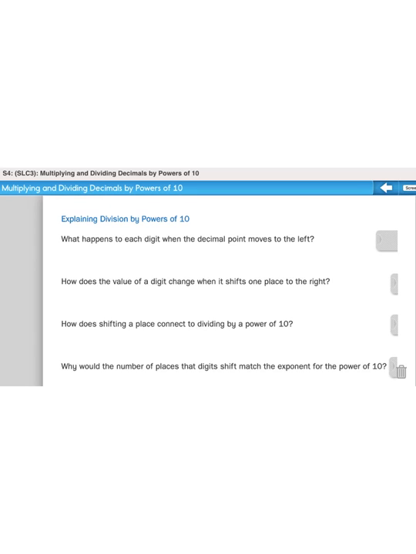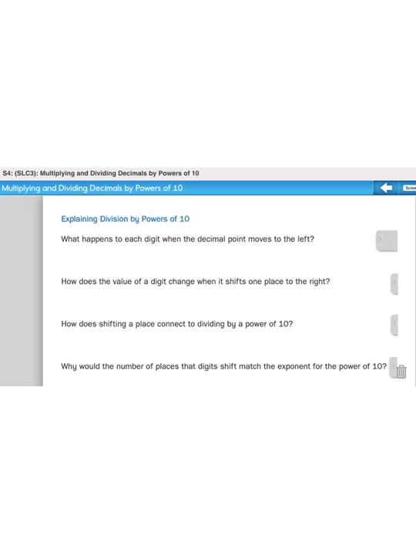Now, looking at division, what happens to each digit when the decimal point moves to the left? Each digit shifts to the right. How does the value of a digit change when it shifts one place to the right? The digit is now worth 1/10 as much. How does shifting a place connect to dividing by a power of 10?